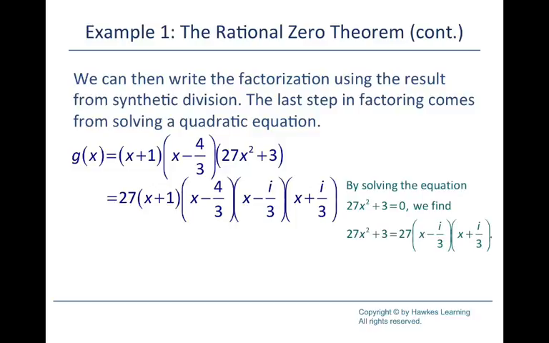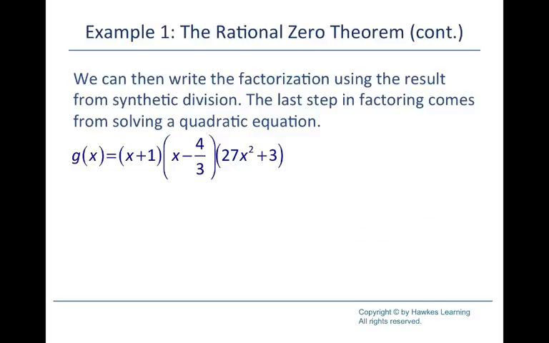So the way you would solve that is look at it like this. I'm going to go back up without that and just leave it there. So let's look at the 27x squared plus 3. We're going to set it equal to 0 and solve it.